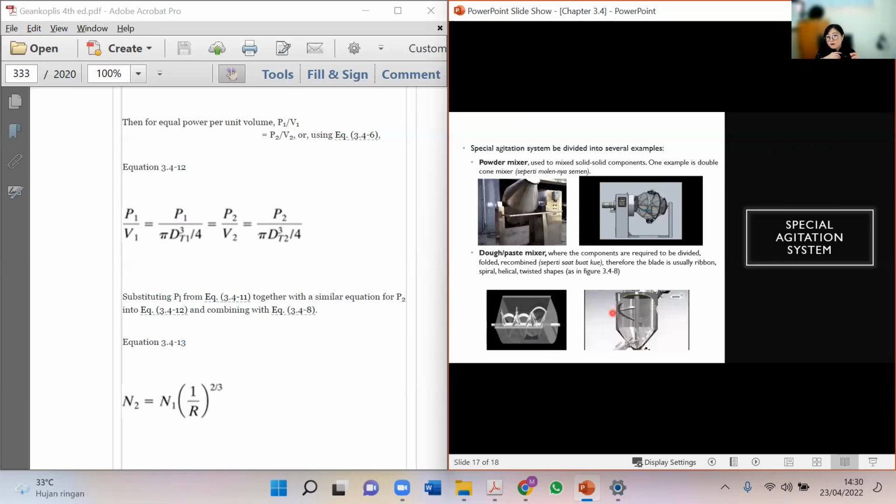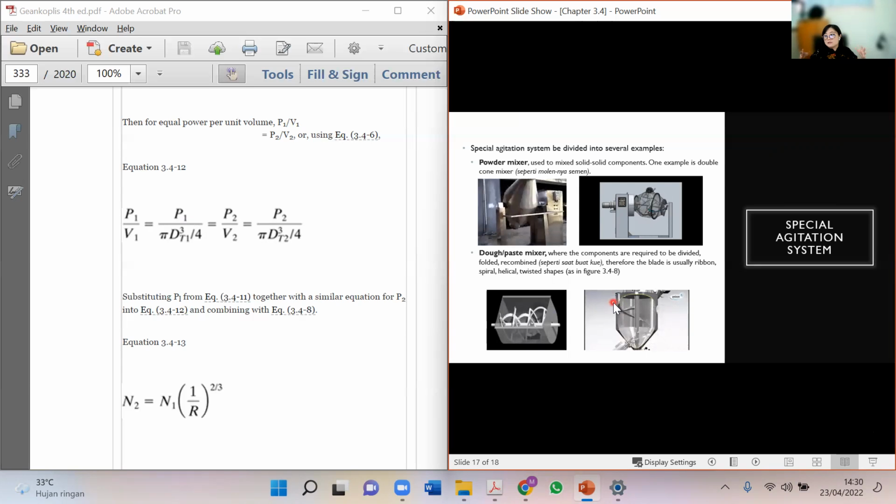Since we have to divide, fold, recombine, and divide again, the blade is usually shaped like a twisted ribbon, like a spiral or a helix, like this.